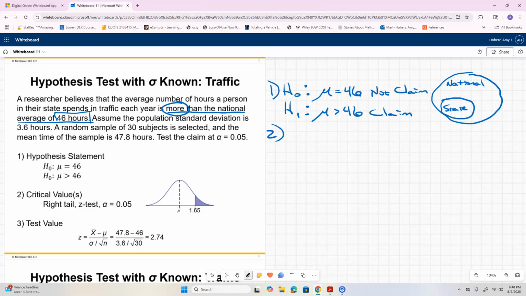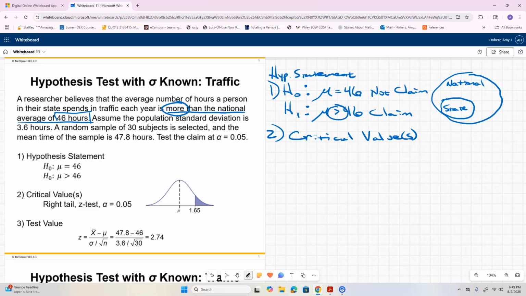All right. So step 2, we need to find our critical value or values. This is our hypothesis statement. In this case, do we have one critical value or two critical values? Well, we're just going to have one.